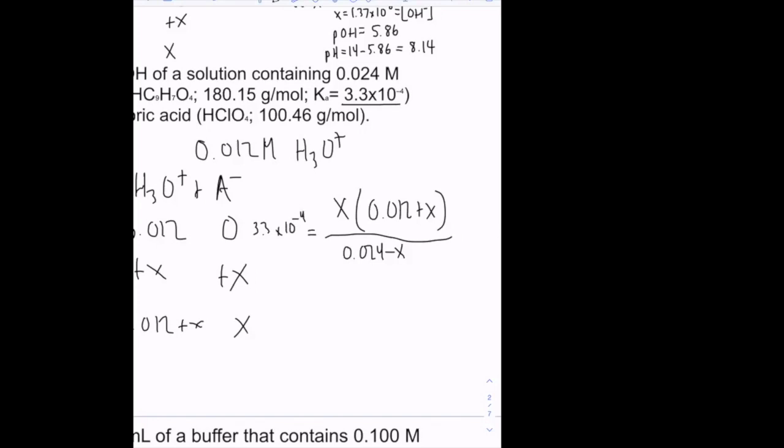Once again, I'm just going to plug this into my calculator, and you end up getting that X equals 6.12 times 10 to the minus 4th.